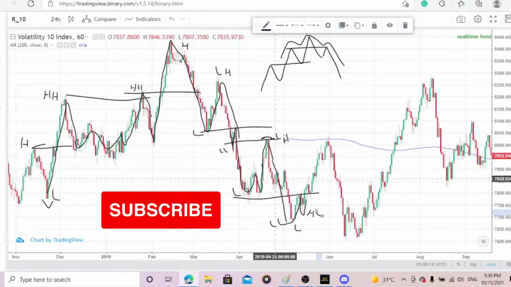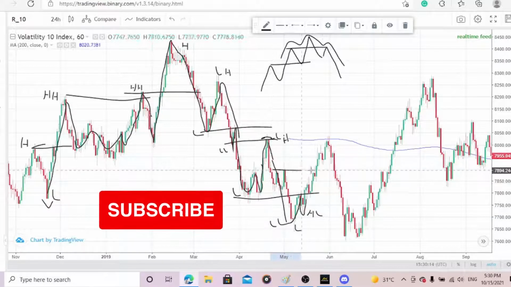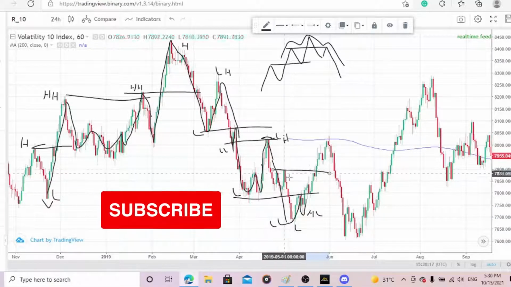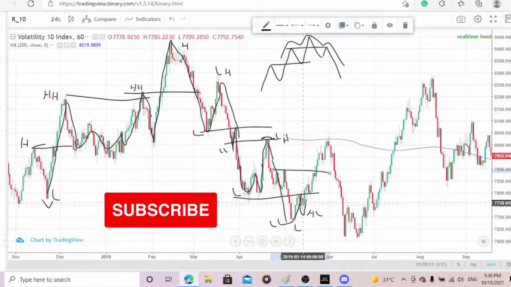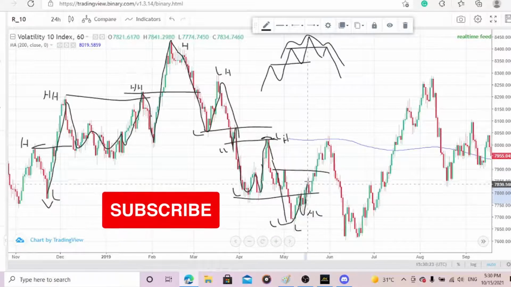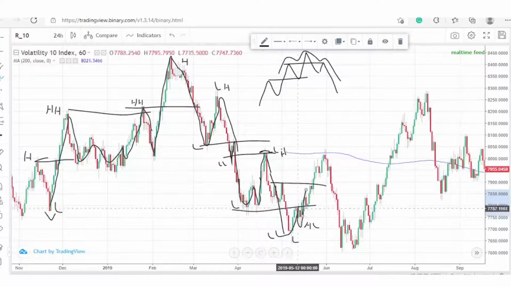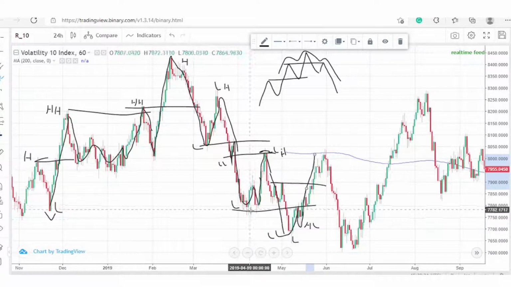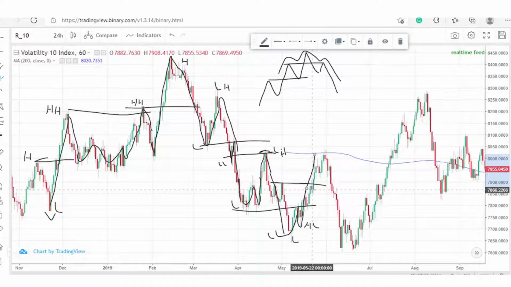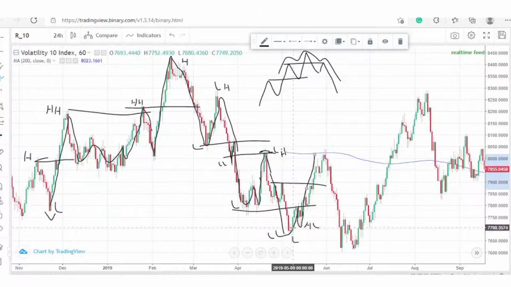Okay, so we wait to see if maybe this market will respect the structure here, but the market did not. After retesting, it came to break this structure first, the lower low, and it continued to even break this structure here. Okay, so once we see that our low here was violated, then we anticipate that there might be a change in the market.